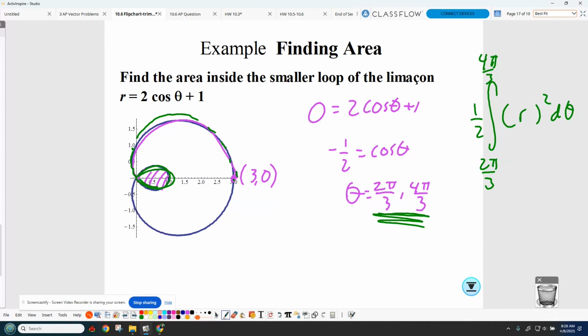No. Amelia, what am I looking for? 2 pi over 3 to pi, or pi to 4 pi over 3. 2 pi over 3 to pi, and then I would double it, because 2 pi over 3 to pi gives me this. Or you could have done pi to 4 pi over 3. It's a small thing, but it might be helpful.